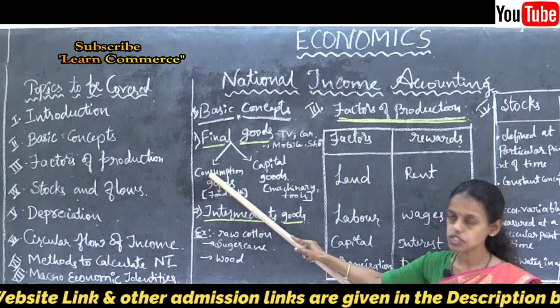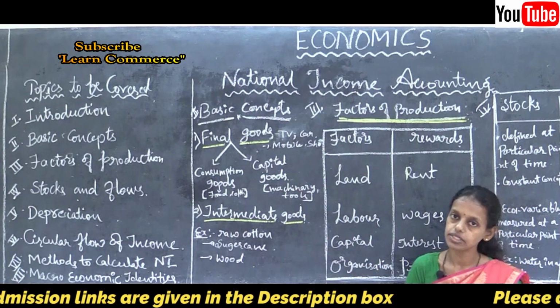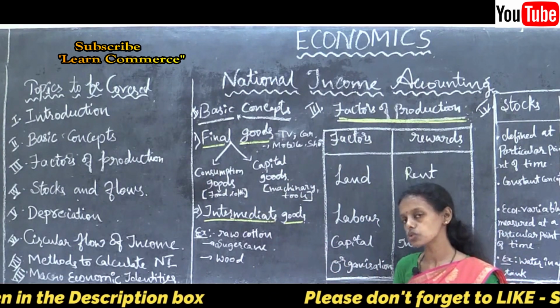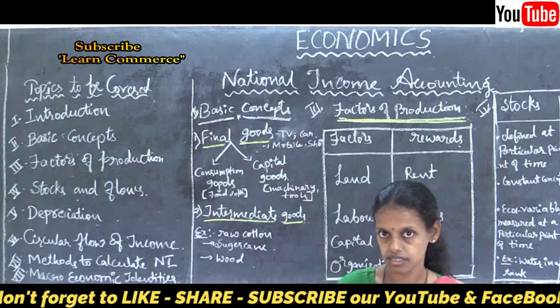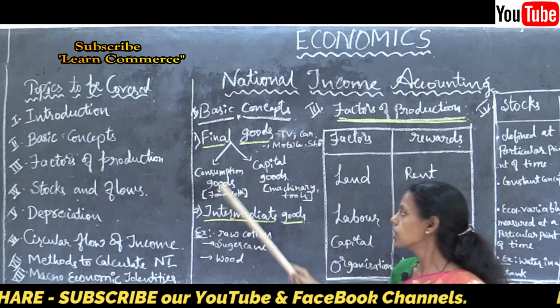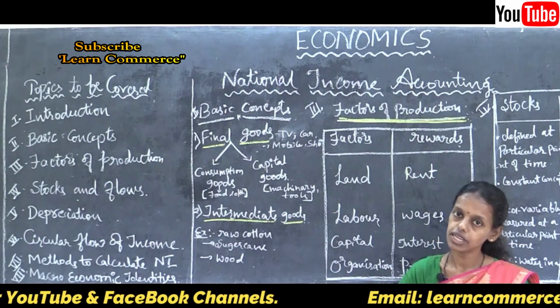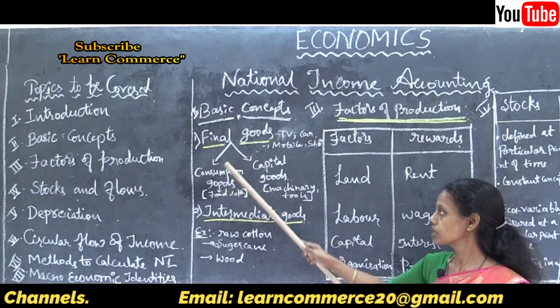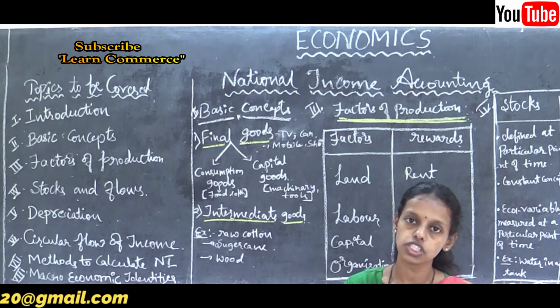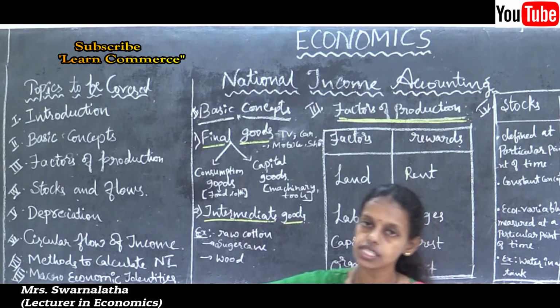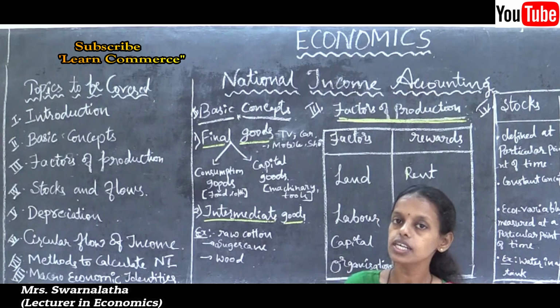Next, there are two kinds of final goods: consumption goods and capital goods. Consumption goods are those goods which are meant for consumption, for example food, cloth and other items meant for consumption purposes. After the process of production, they move directly to consumption.